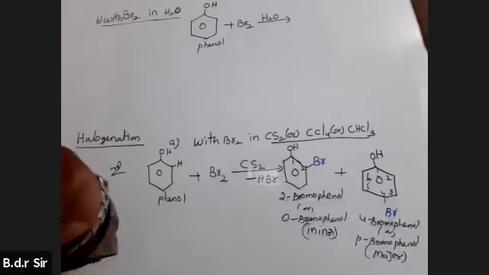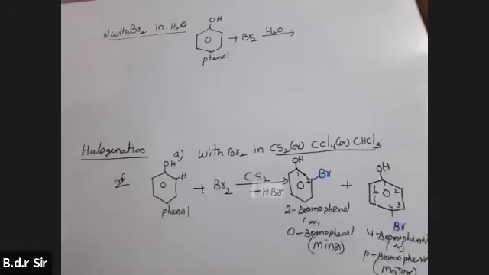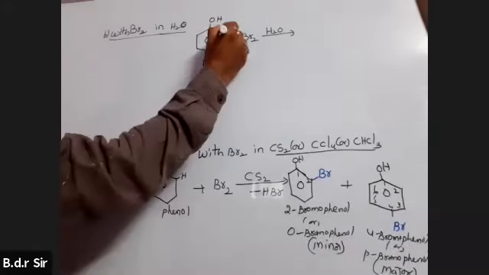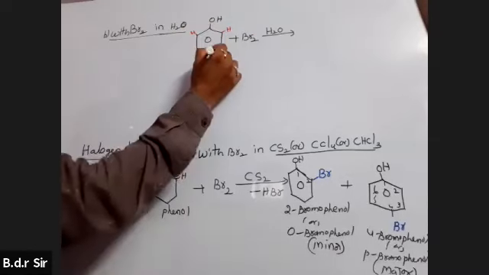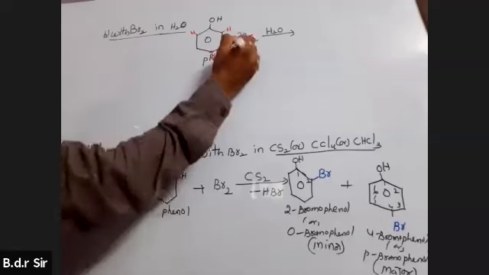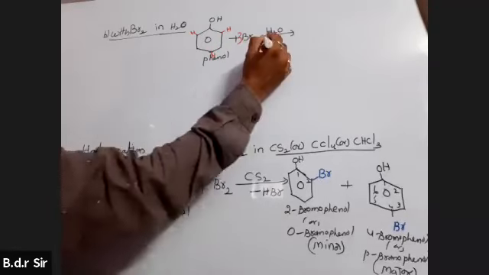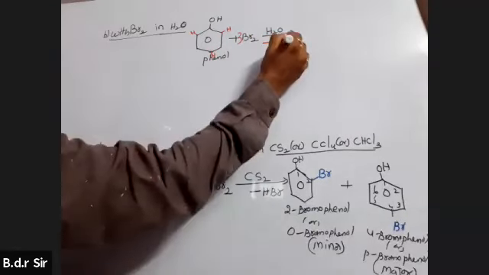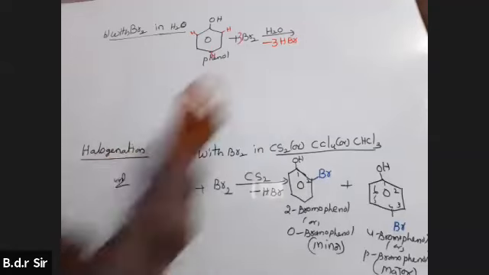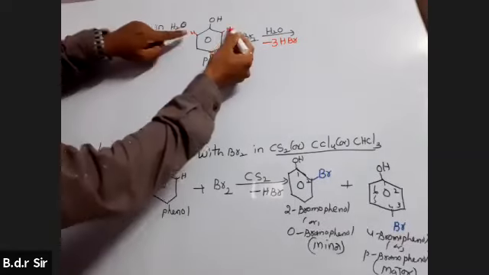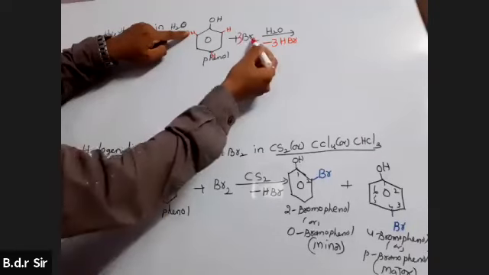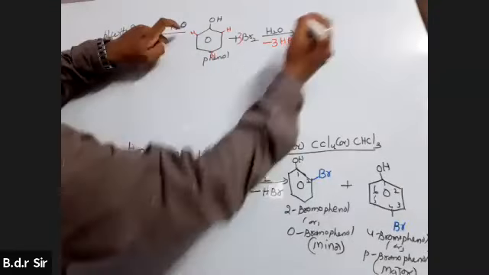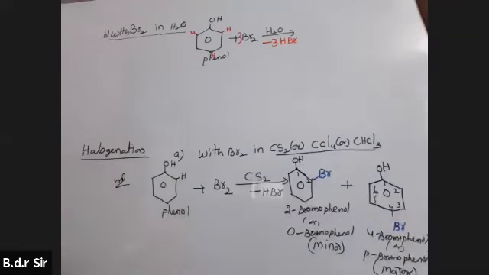Here, ortho position hydrogens and para position hydrogen react with 3 bromine, giving rise to 3 HBr. It means at the ortho and para positions hydrogen is substituted by bromine, which is the electrophile. What is the product?